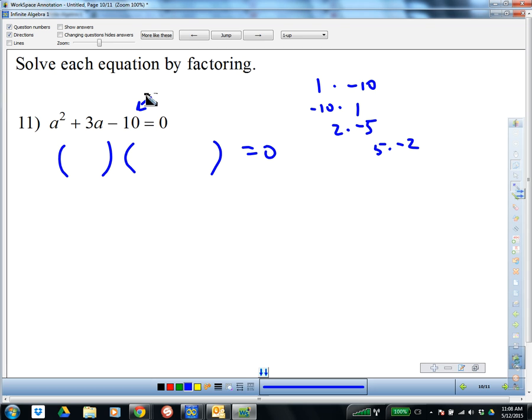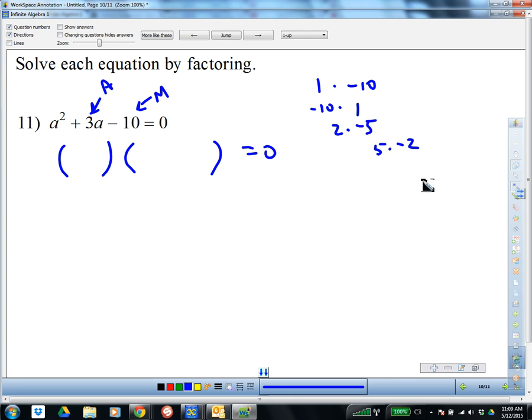So this is multiply, and then you want two things that add to give you this. But wait, we're adding a negative. So if we're adding a negative, what we're really doing is subtracting.